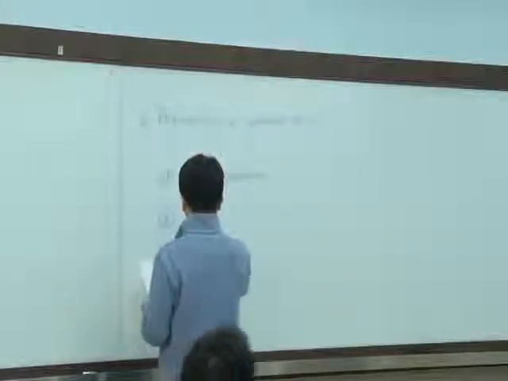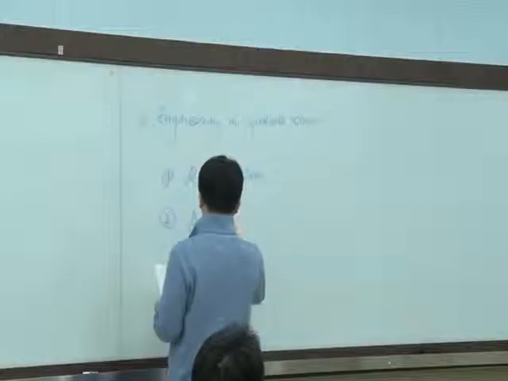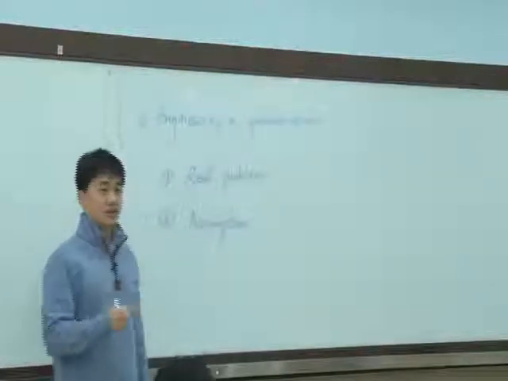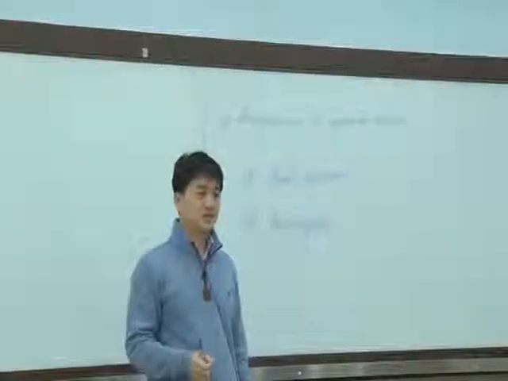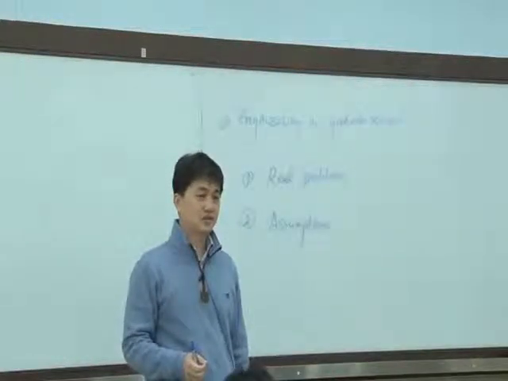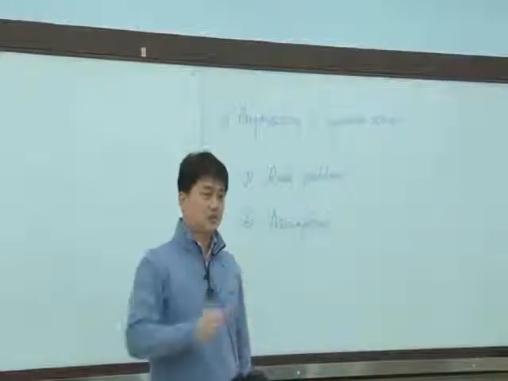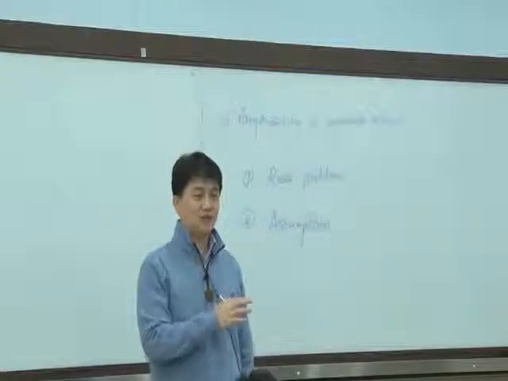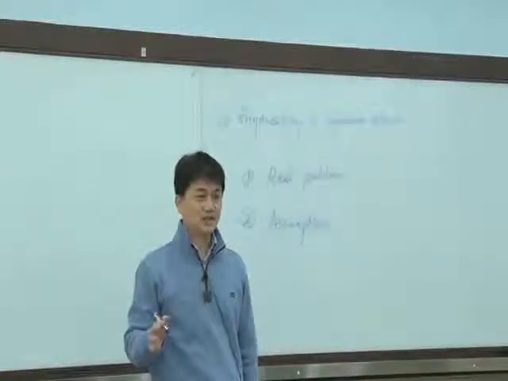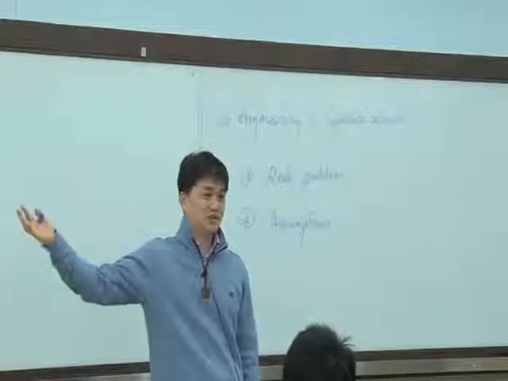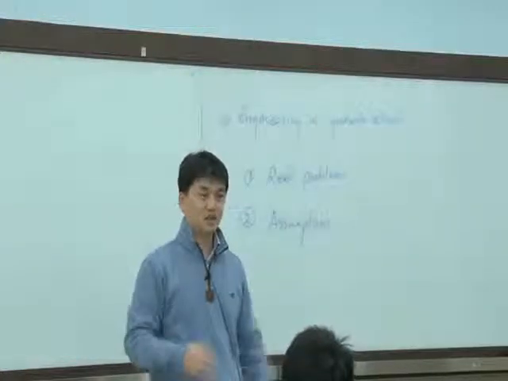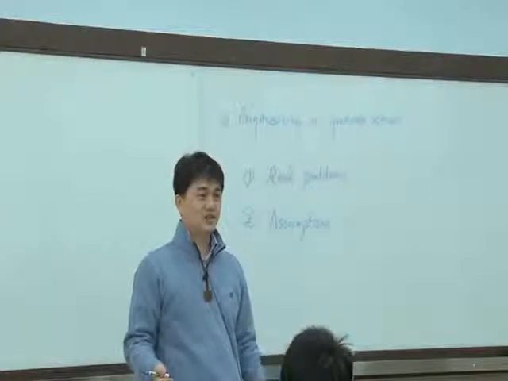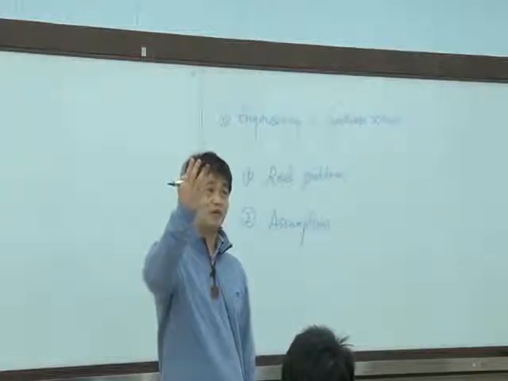And then, second, assumption. The real problem is very complicated, right? The temperature variation of this room depends on a lot of different factors, right? Outside temperature and number of people here, shape of this room, and the capacity of a heater.